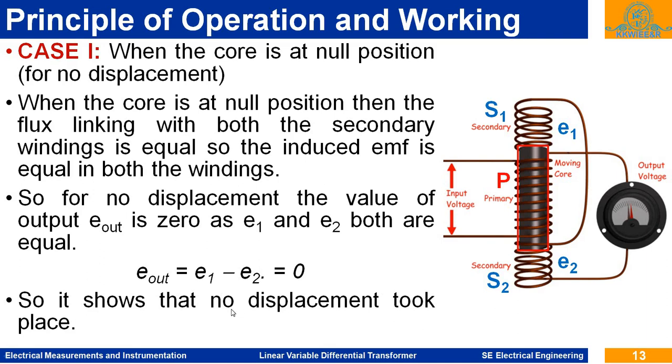It shows that no displacement took place at the center position, the null position. The voltage output at the two terminals of the secondary winding is 0. So this is case 1.